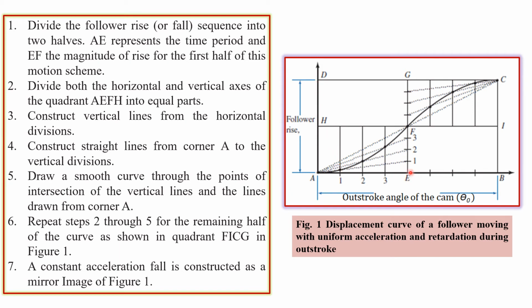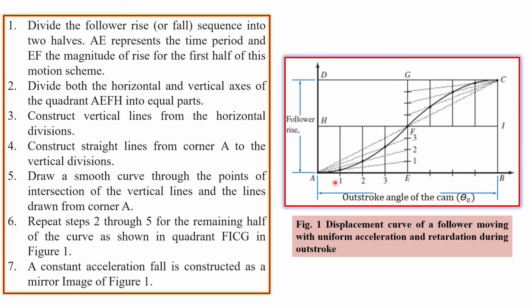So along this ordinate, or the y-axis, we have taken the rise imparted to the follower. First we focus on A, E, F and H. We have divided this 8 centimeter line into 8 equal segments and marked them as points 1, 2, 3, E and so on.